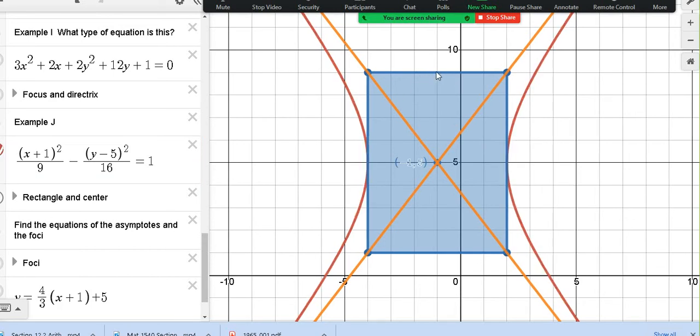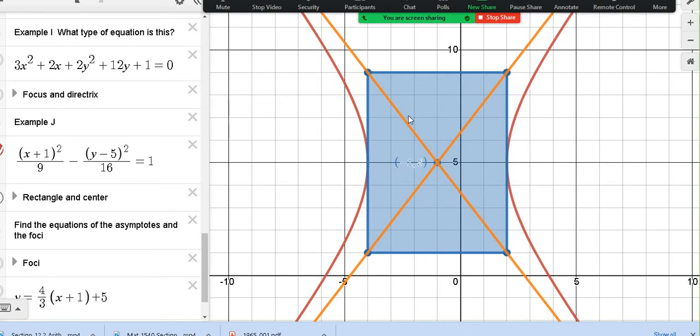Up here, this has coordinates of negative 1 and 8. Something looks wrong there. No, negative 1 and 9, I'm sorry. Negative 1 and 9, and then negative 1 and 1. So those are the points that I use to draw that rectangle.